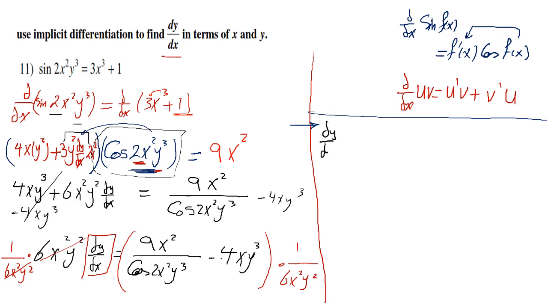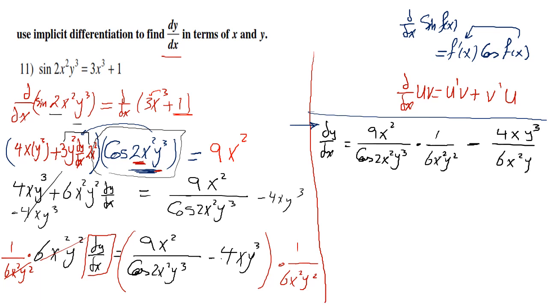Dy by dx will be 9x squared divided by cosine 2x squared y to the power of 3 multiplied by 1 over 6x squared y squared minus 4x y to the power of 3 divided by 6x squared y squared, which is equal to, by cancelling x squared with x squared and dividing by 3, that will be 3, and that will be 2.